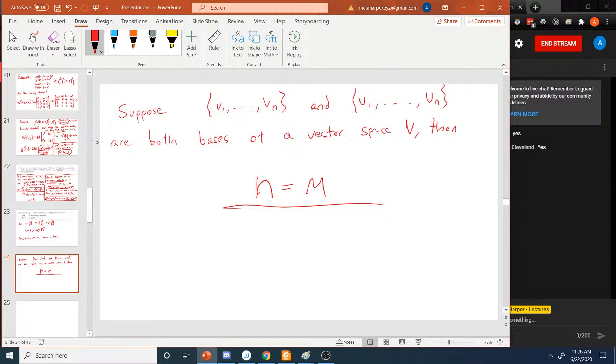Why is that important? Because if the basis of a vector space determines a unique number, and that number is independent of your choice of basis, then this in fact leads to the following definition, which we'll do next time. And it's going to be the dimension of the vector space V.